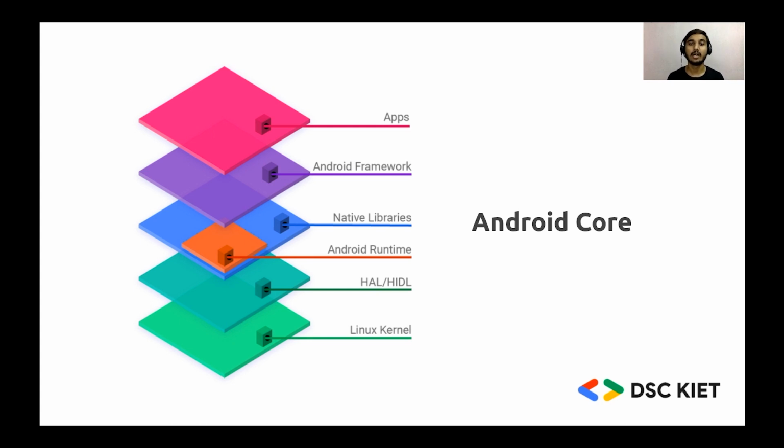And we have the HAL, the hardware abstraction layer, which isolates all the available hardware resources accessible via the kernel. The hardware resources could be your microphone, your camera, your fingerprint sensor, etc.